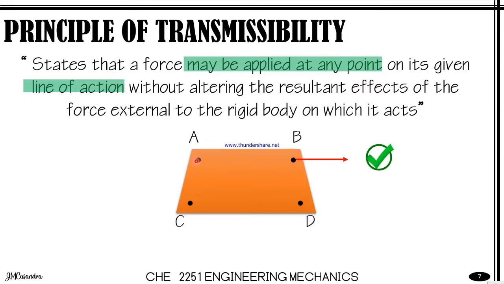So I will have a vertical force on point C. So I cannot transfer this force on point D since point C and point D have different lines of action. So this is incorrect. So you can only transfer or apply any force at any point when they are of the same line of action.